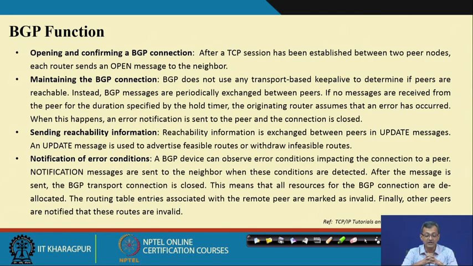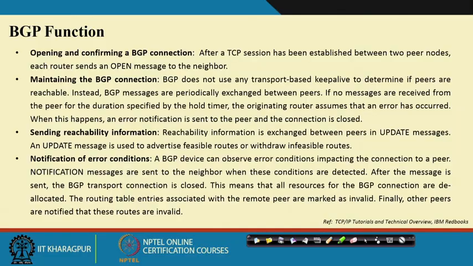It thinks that the peer BGP device is not responding, and accordingly an error condition is generated and the information is sent. Sending reachability information is exchanged by the update message.